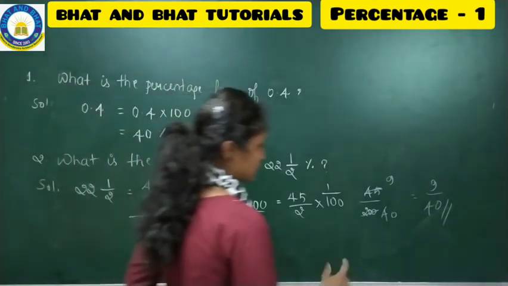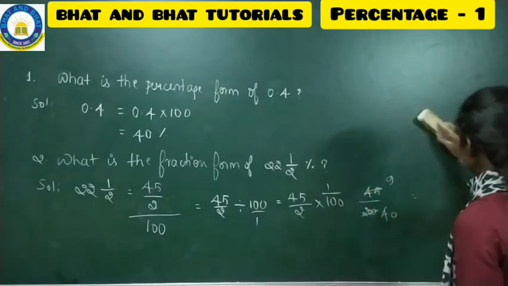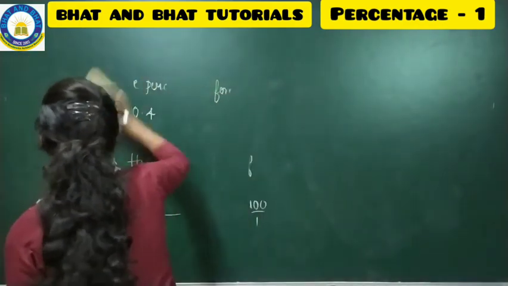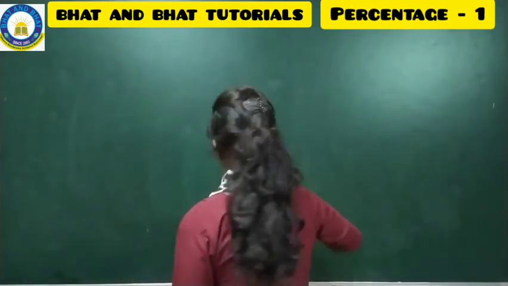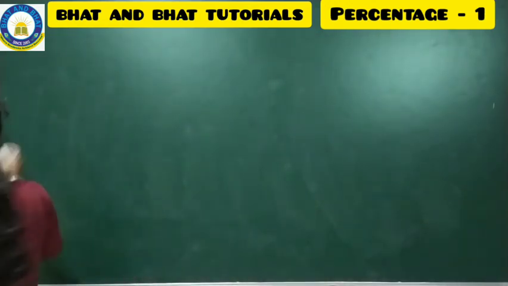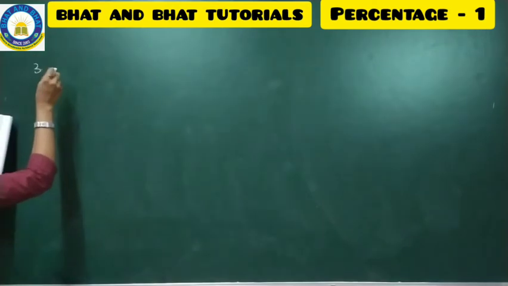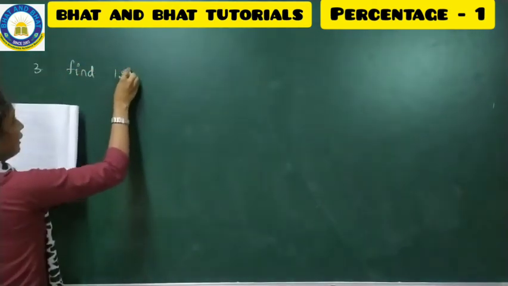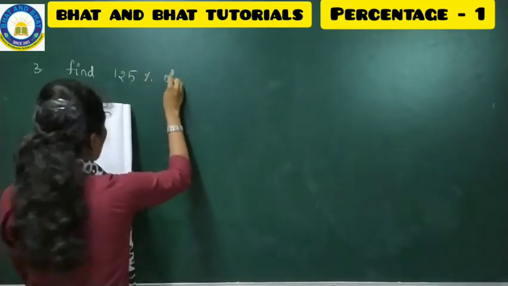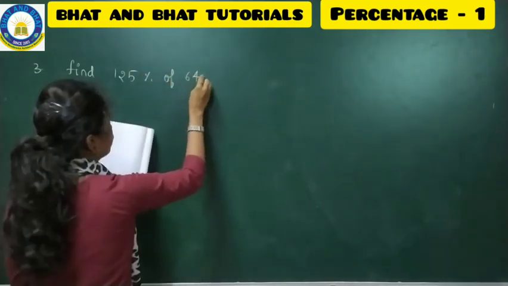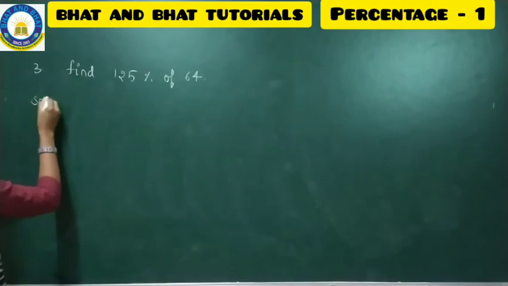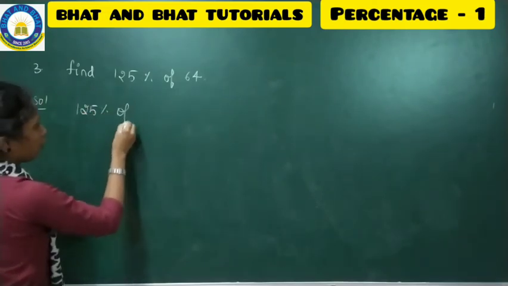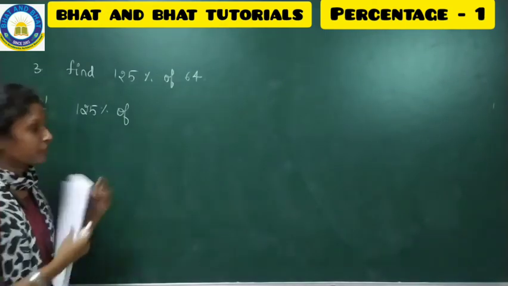Let me go with the next problem, the third problem. Have a look into the third problem now. Find 125% of 64. What they are telling, we have to find 125% of 64.